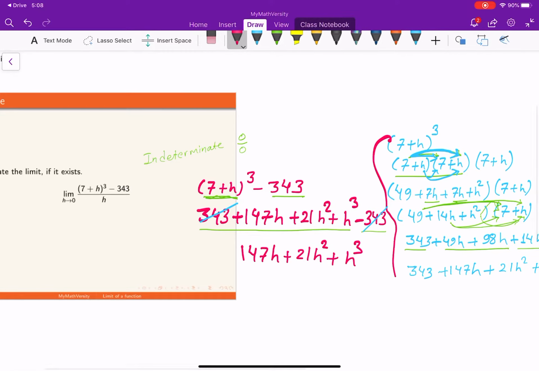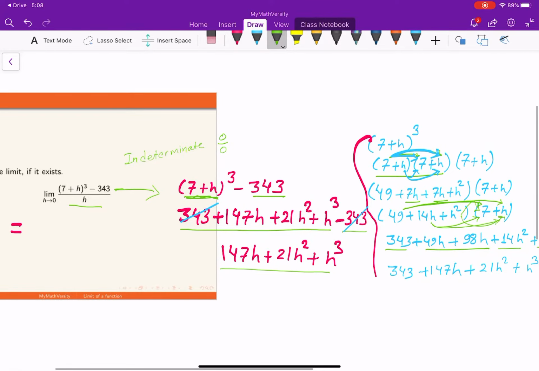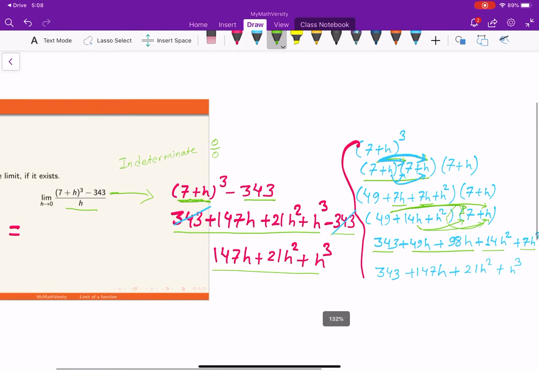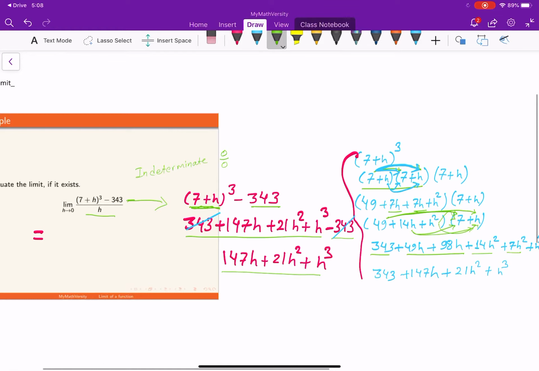So if that is the case, remember that our problem is to evaluate the limit of this function given over here. I'm just working with the numerator here. I just try to see how the numerator looks, and it turns out this is actually 147h plus 21h square plus h cube. Okay, so let me write that down over here.